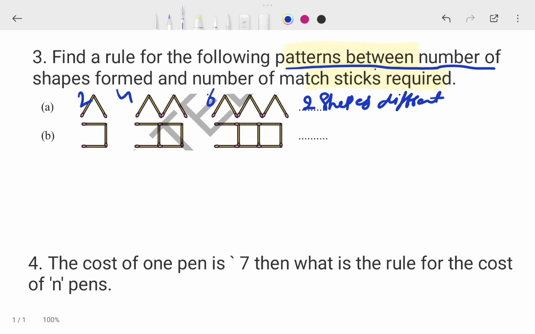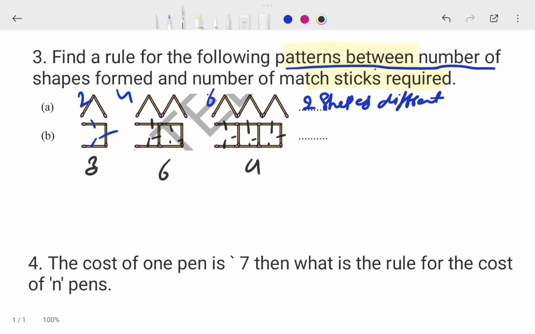So the second pattern: 1 2 3, how many matchsticks are there? 3. After that, here 1 2 3 4 5 6 matchsticks. Here 1 2 3 4 5 6 7 8 9 matchsticks. So generally we understand this is also following a 3 pattern. How?